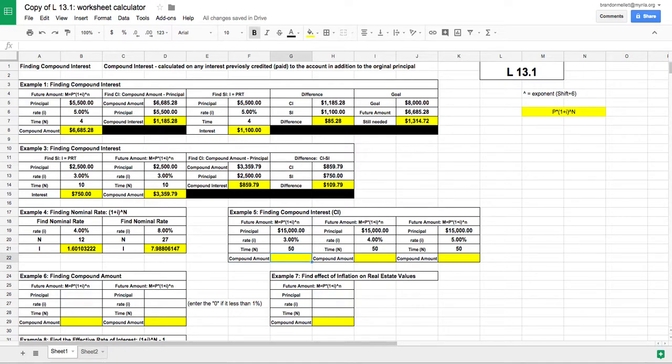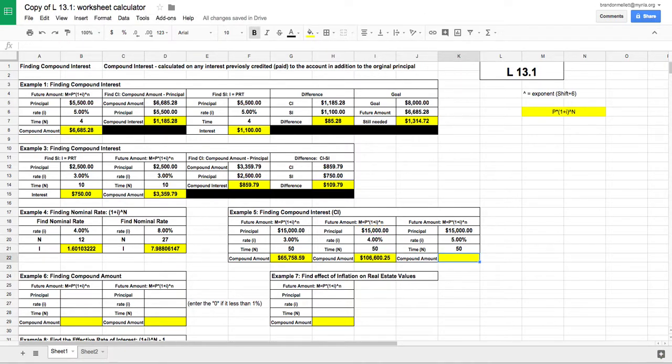So we're going to go equals principal times parentheses 1 plus I parentheses exponent n, and there would be the amount for this example. Let's try the next one. Let's go principal times 1 plus I parentheses exponent n.